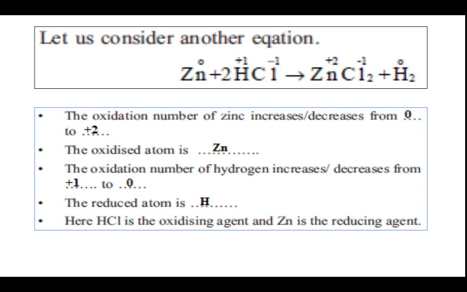The oxidation number of zinc increases from 0 to +2. The oxidized atom is zinc. And the oxidation number of hydrogen decreases from +1 to 0, and therefore the reduced atom is hydrogen. Here HCl is the oxidizing agent and zinc is the reducing agent.